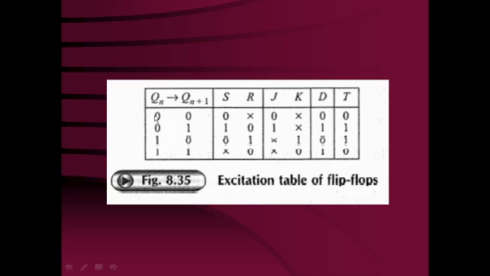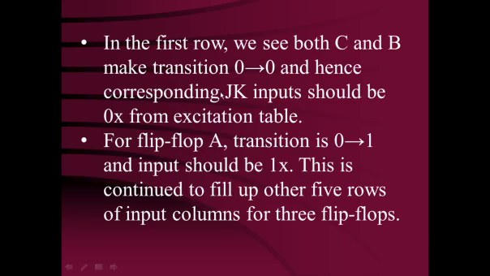You can see that Qn is 0 and the next state Qn plus 1 is also 0. For that, what J is required? 0. And K is required? X, don't care. So 0X is required here. That you can obtain from here. So 0 to 0 makes a transition.